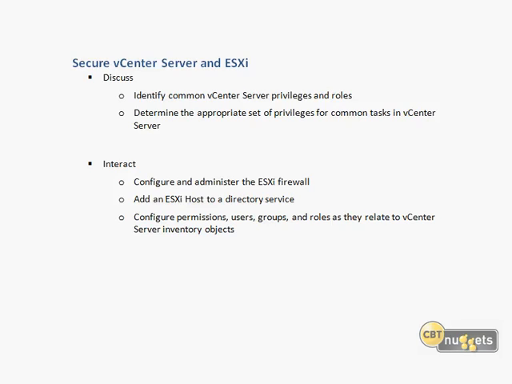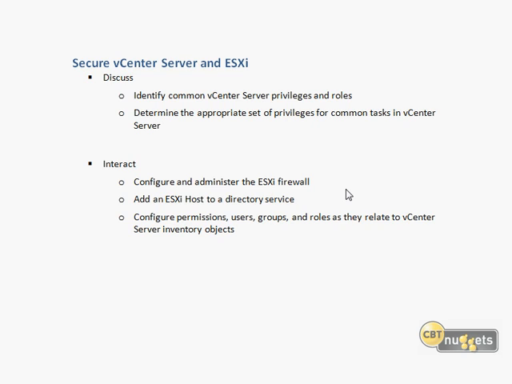So once again, I have another nugget for you on role-based access control, this time as it relates to vCenter Server and ESXi. In this nugget, we're going to add a couple of miscellaneous topics associated with the ESXi firewall, and also how to add an ESXi host to a directory service. Right now, we have this vCenter, and then we have these ESXi hosts that sit beneath it.